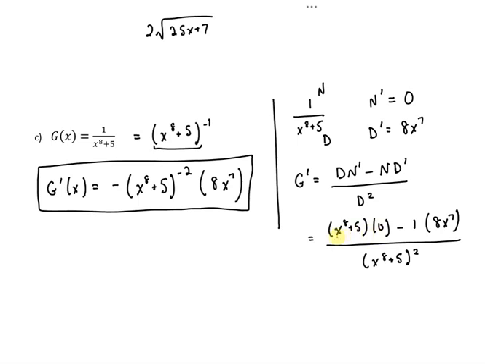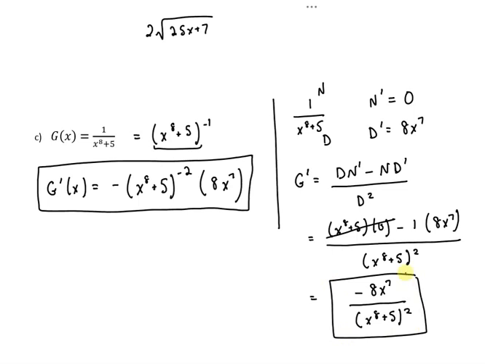This is multiplied by 0 here, so it goes away. So we would get negative 8x to the 7th divided by x to the 8th plus 5 squared. These are the same answer, just written a little bit differently. And that's it for the practice test.